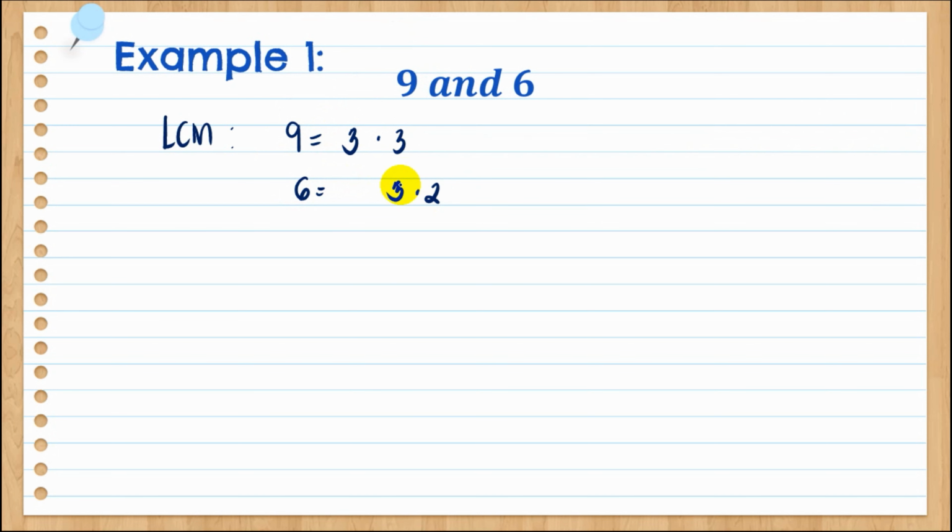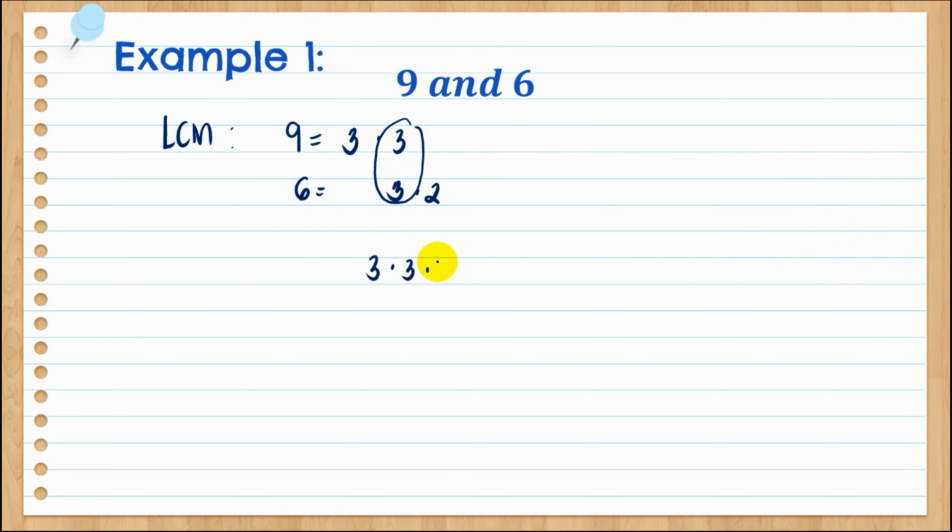So, kung mapapansin nyo, hindi ko na siya pinagpantay. Bakit? Kasi kailangan nating makita kung alin nga ba yung magkapareho or yung common. So, yung unang common natin is 3. Meron tayong isang pair na common na 3. So, ano naman ang gagawin natin dun sa hindi common? Kasama rin po siya ngayon sa ating LCM.